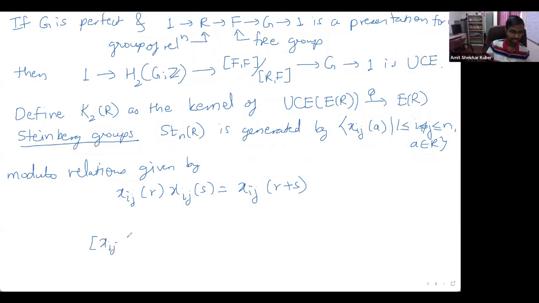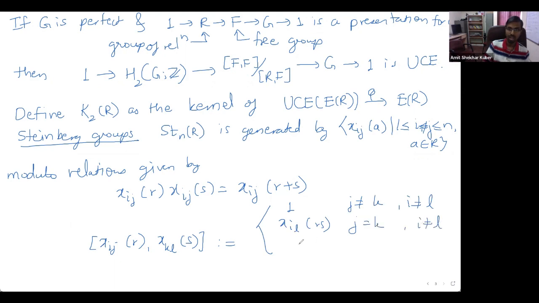This is perhaps a shorter form of writing them, so that's why I'm repeating them. The commutator [xij(r), xkl(s)] is 1 if j is not equal to k and i is not equal to l; it is xil(rs) if j is equal to k but i is not equal to l; and xkj(-sr) if j is not equal to k and i is equal to l.